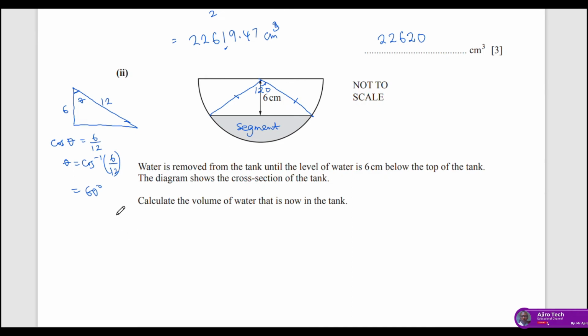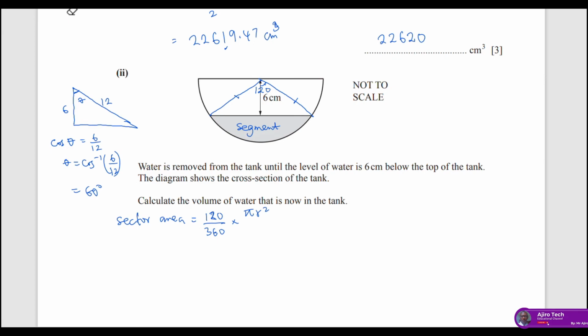So the sector area should be the angle, 120, over 360 times pi r squared.